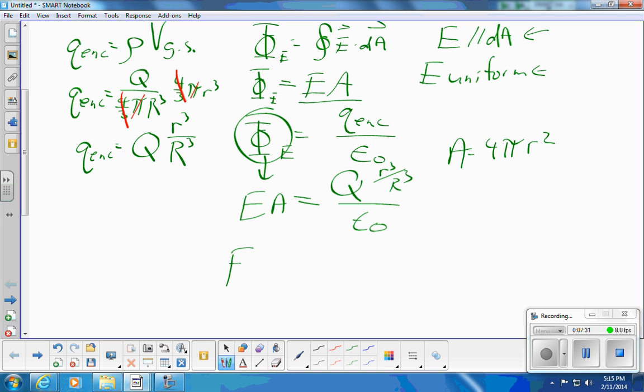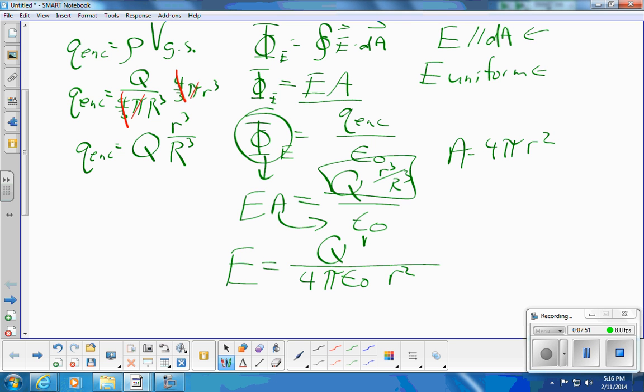So E equals, I'm going to move the area over here, and the area is 4 pi r squared, and I've got an epsilon naught in here, which you notice I tucked in next to the 4 pi because it looks cool. That's the bottom. Now up on top I have Q times little r cubed over big R cubed.